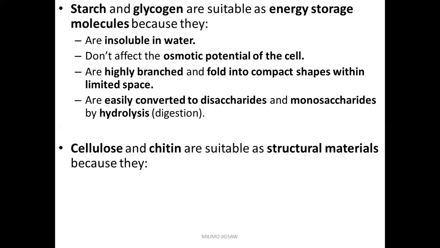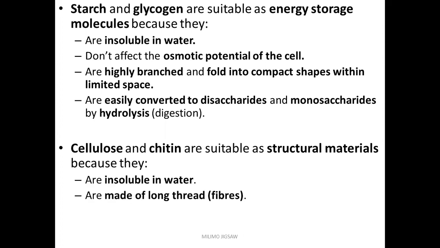Then we have cellulose and chitin, which are structural materials. What makes them suitable are the properties of being insoluble in water, being made of long threads or fibers, and having high tensile strength.